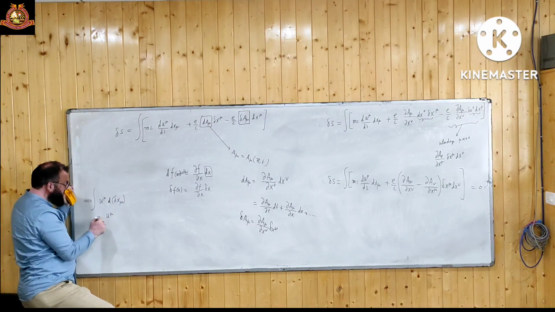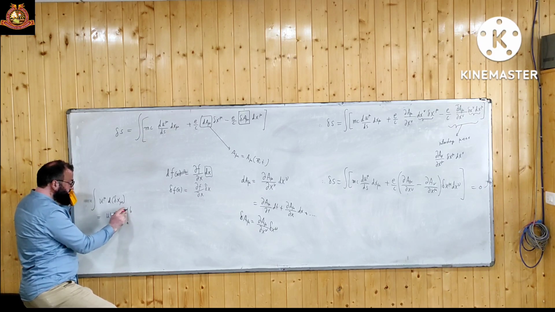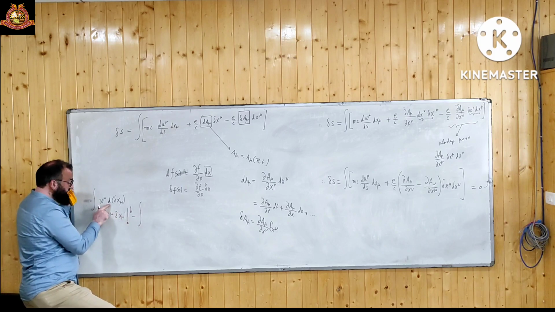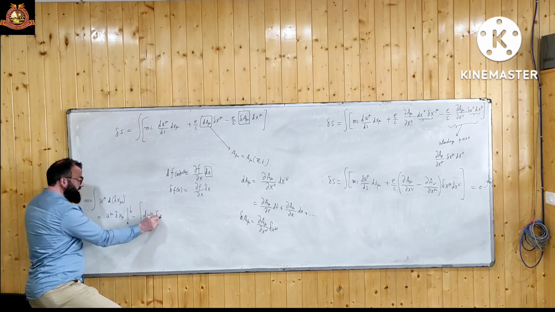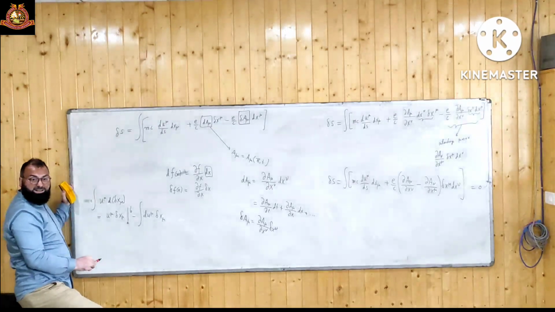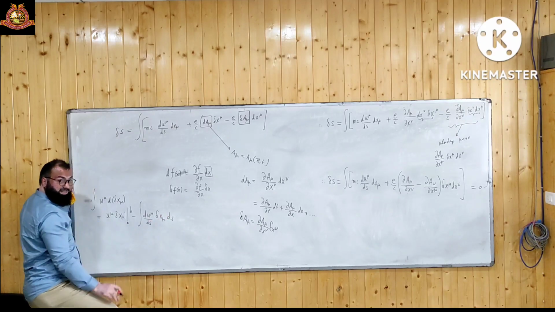So how can I write it? I can simply put it as delta x_mu evaluated at A and B, minus. This differential will get shifted here, so it is simply du_mu delta of x_mu. Clear? If I put ds here along the world line, then I need to put a ds here.